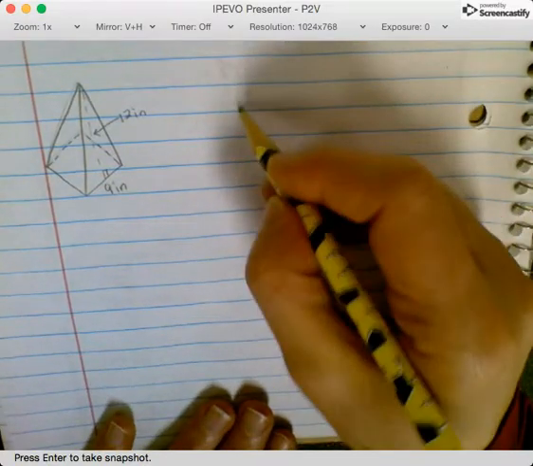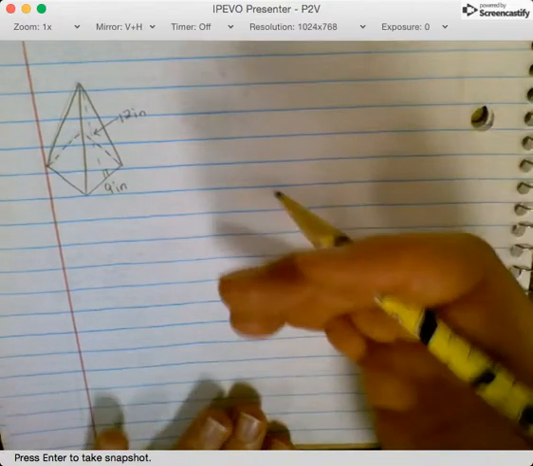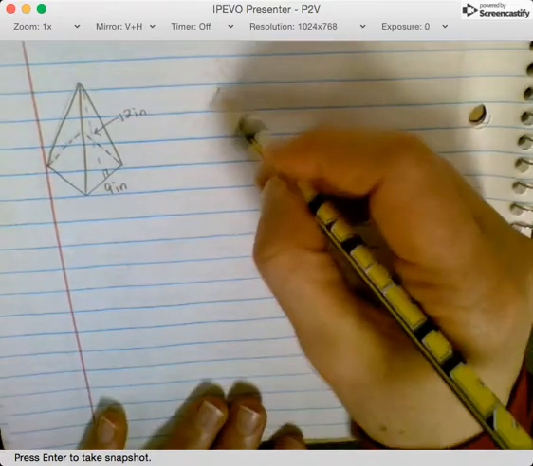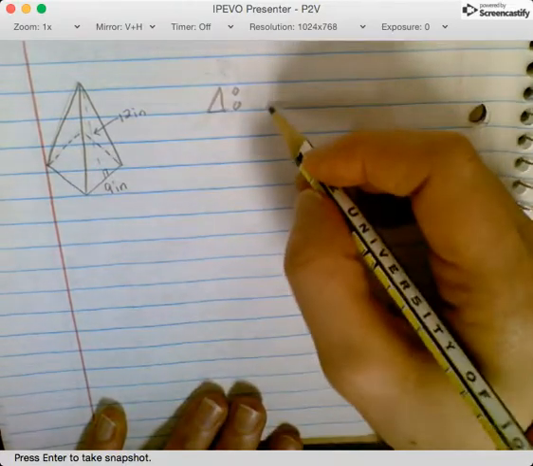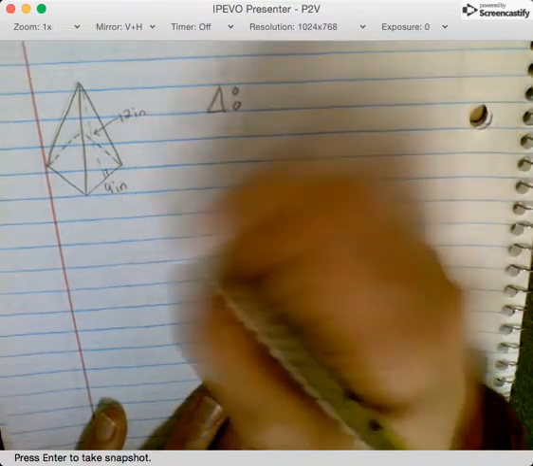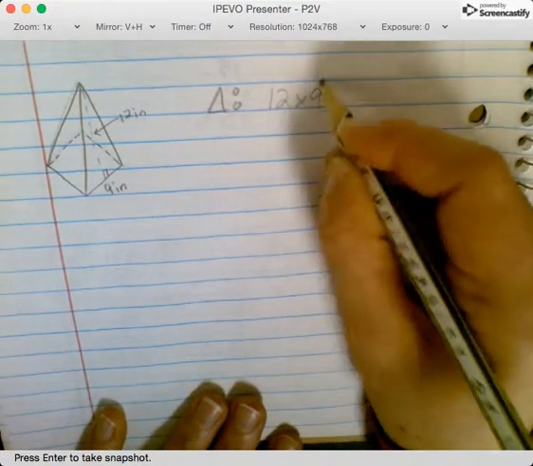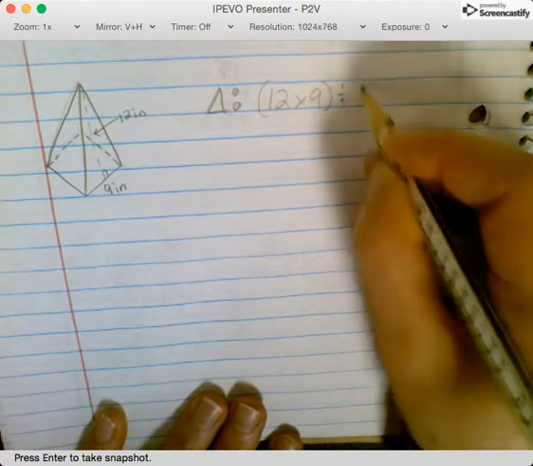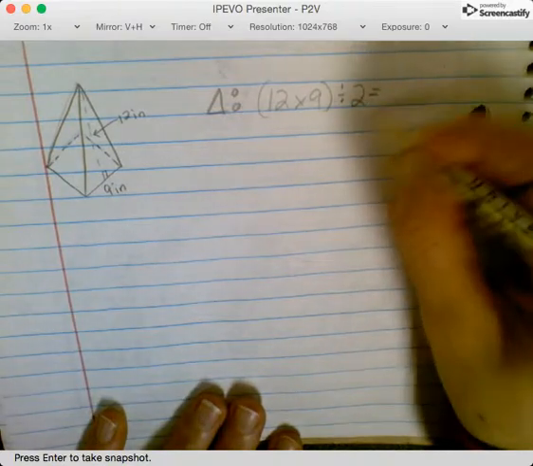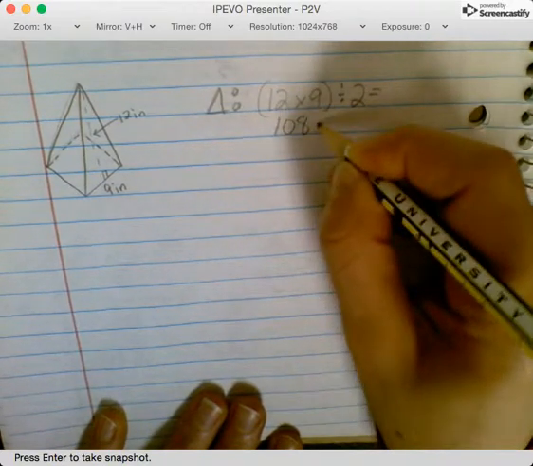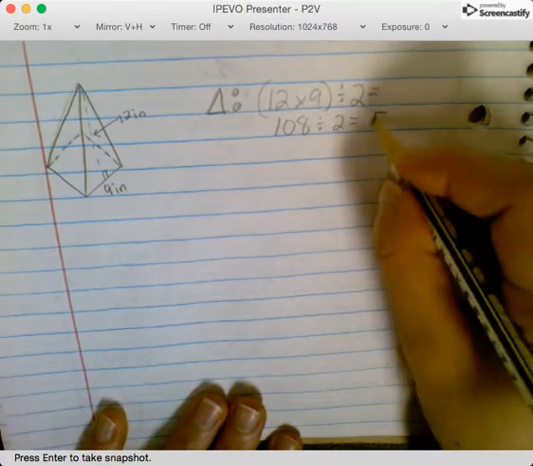And like I said in some of my previous videos, you can always pause, rewind if you need to go slower. So let's see, I'm going to try to do this without drawing pictures. So this one is a square pyramid. I'll find the area of one side. So that would be 12 times 9 divided by 2. And 12 times 9 is 108 divided by 2, and that's 54.